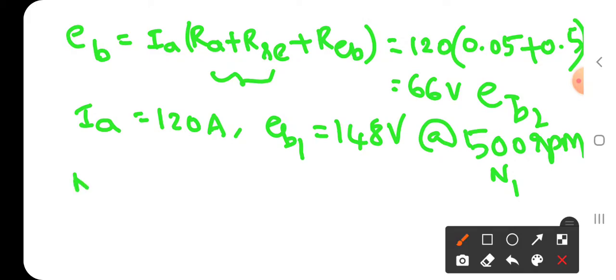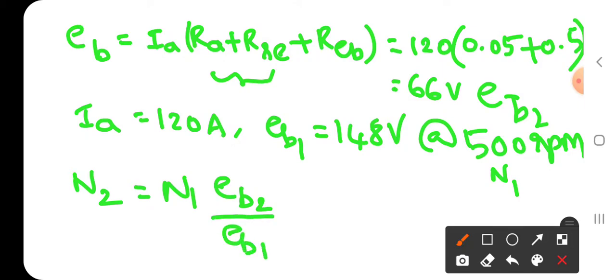So hence N2 is equal to N1 into EB2 by EB1. Then how much is the value? 500 into EB2, which is 66, over 148.